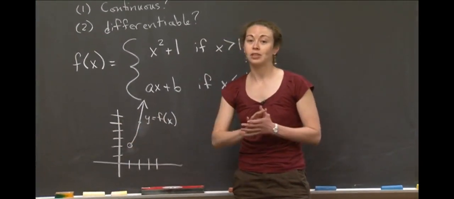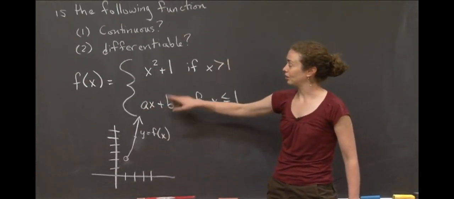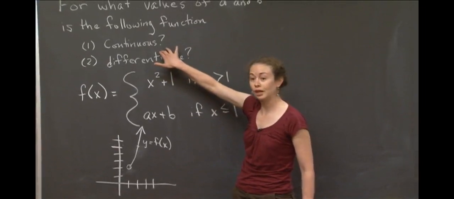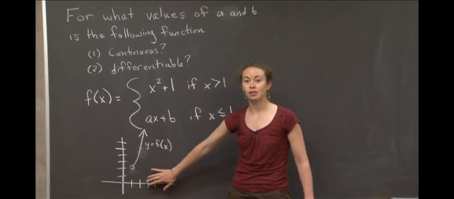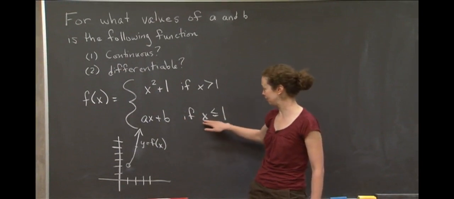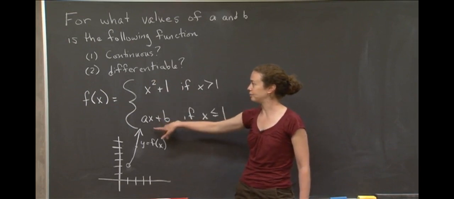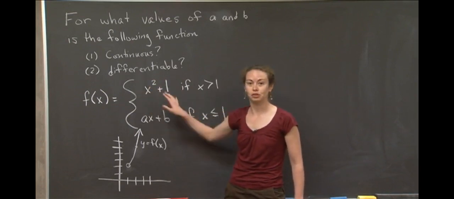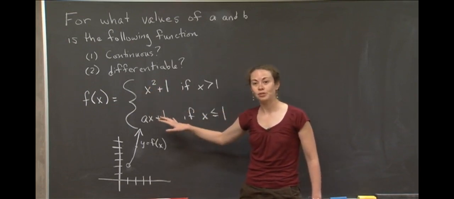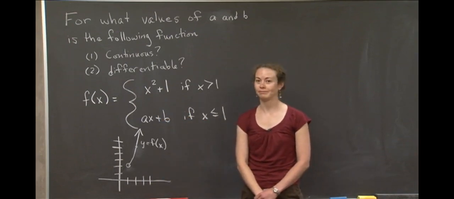So my question again is, what choices for a and b allow this function to be continuous when I put in the left part, so the values when x is less than or equal to 1, and what values for a and b allow this function to be differentiable. So I'm going to give you a moment to work on it yourself, then we'll come back and I'll work through them for you.